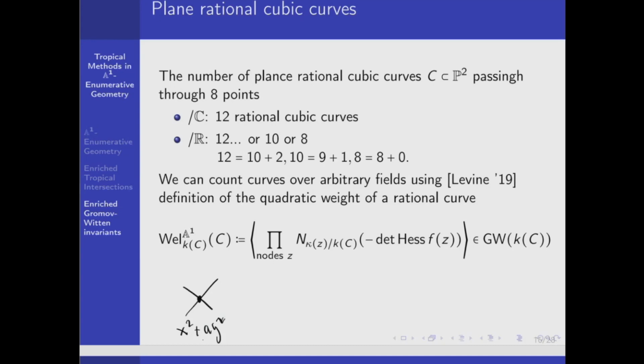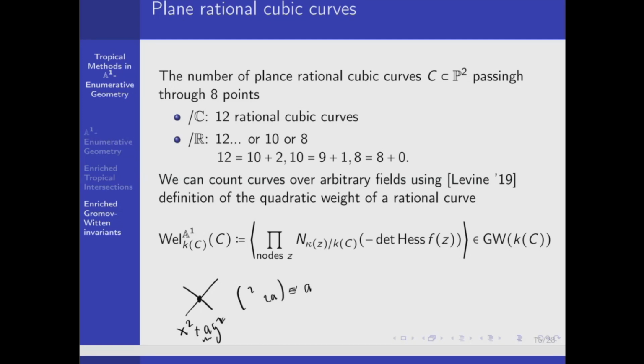And then he says we need to keep track of the a. How do we keep track of this a? Well, we take the Hessian of this equation, which is just 2 and 2a, and then we take the determinant. So the determinant of this Hessian, up to squares, is a. And that is what we need.